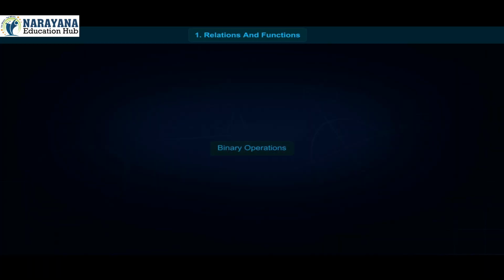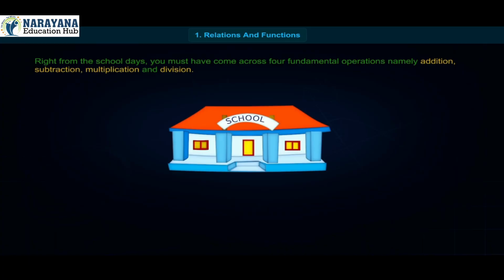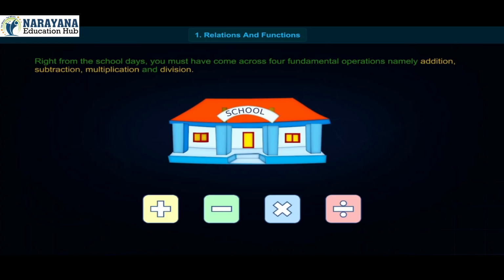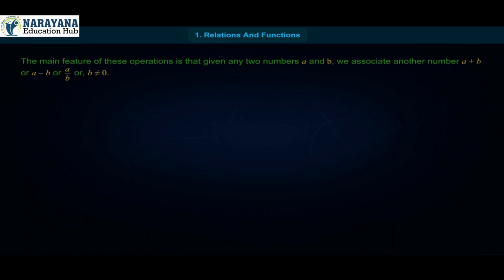Binary operations. Right from the school days, you must have come across 4 fundamental operations, namely addition, subtraction, multiplication and division. The main feature of these operations is that given any two numbers a and b, we associate another number a + b or a − b or a × b or a/b, where b is not equal to 0.